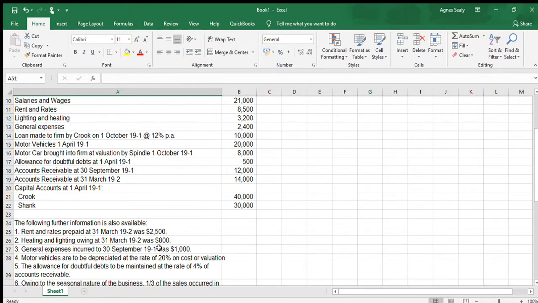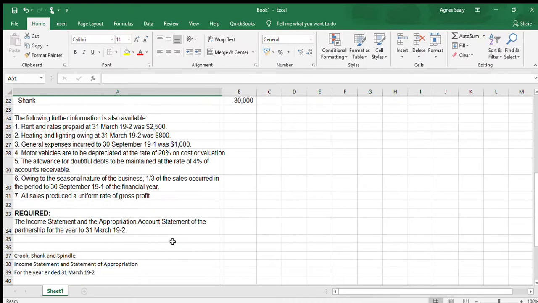So this means that we used up this $800 to help us generate our revenue. So we have to match our expenses with the earning of our revenue in the period in which it was incurred. So therefore, we only paid $3,200 for light and heating, but we still owe an additional $800.